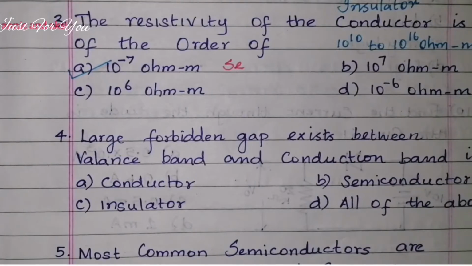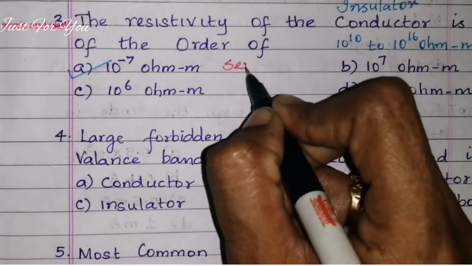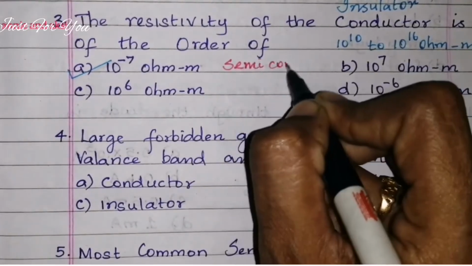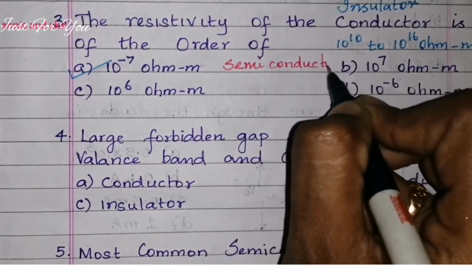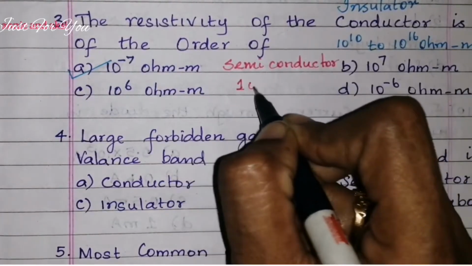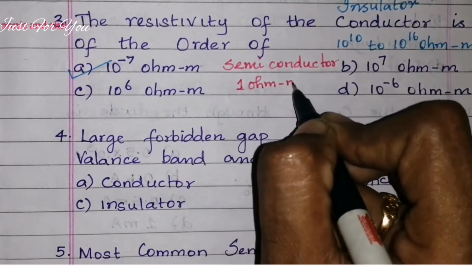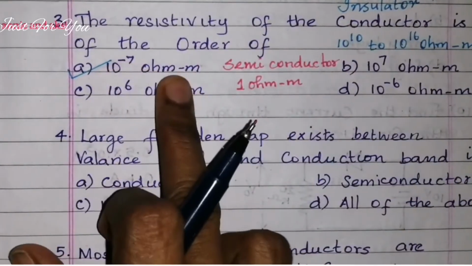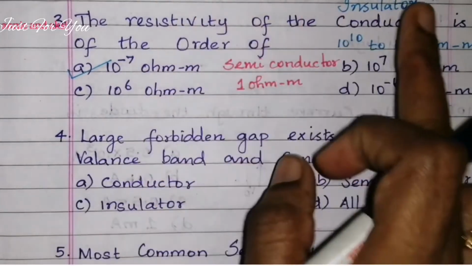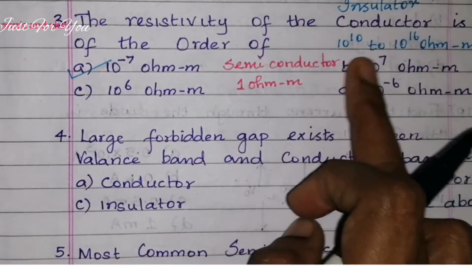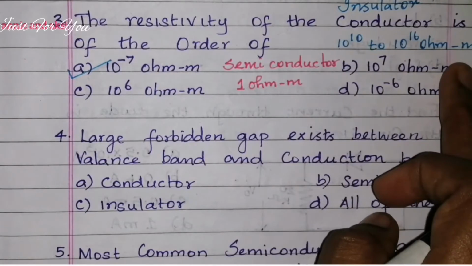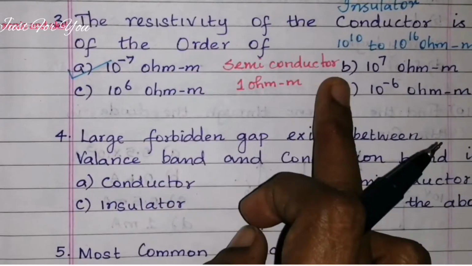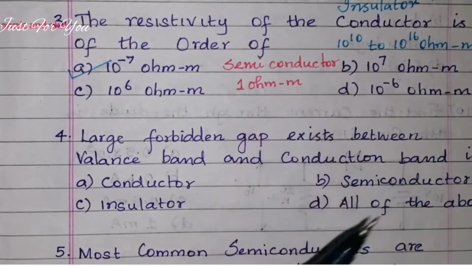If they ask what is the resistivity of a semiconductor, then the answer is 1 ohm meter. So resistivity of a conductor is 10 power minus 7 ohm meter. Resistivity of an insulator is 10 power 10 to 10 power 16 ohm meter. Resistivity of a semiconductor is 1 ohm meter.